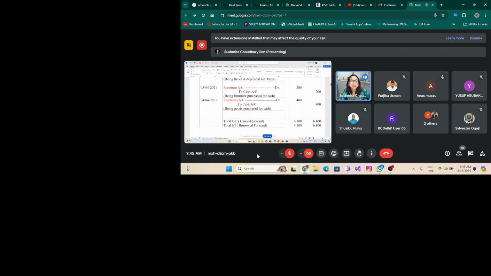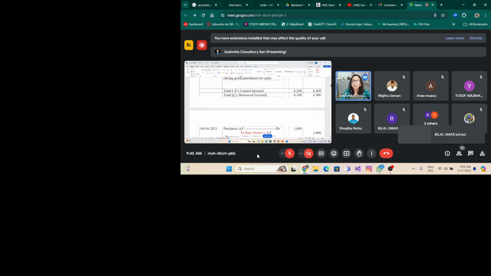Now see the third one. The third entry says furniture account debit to cash account. Now cash is again appearing on the credit side. So I am not going to look at the cash account. I am going to see the opposite section which says buy furniture account. So I am going to write by furniture rupees 200 on the date of 3rd April.